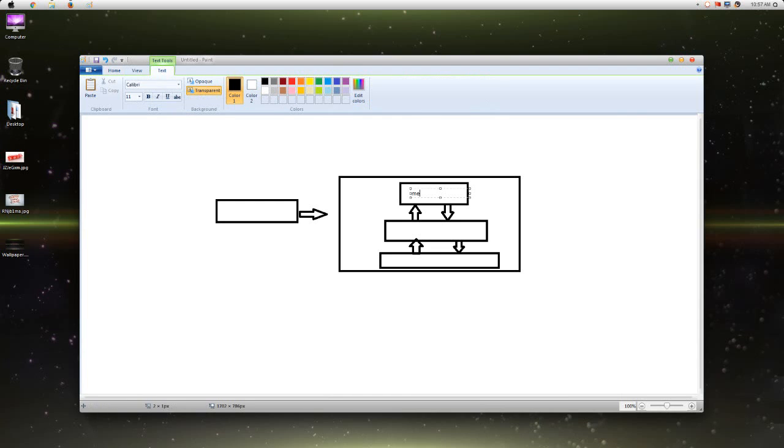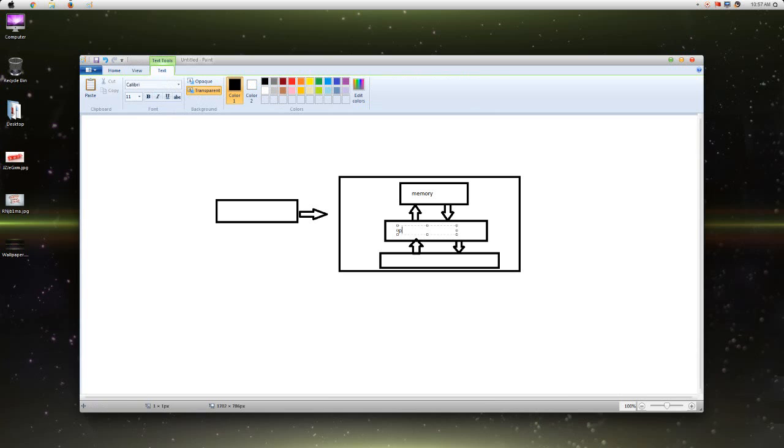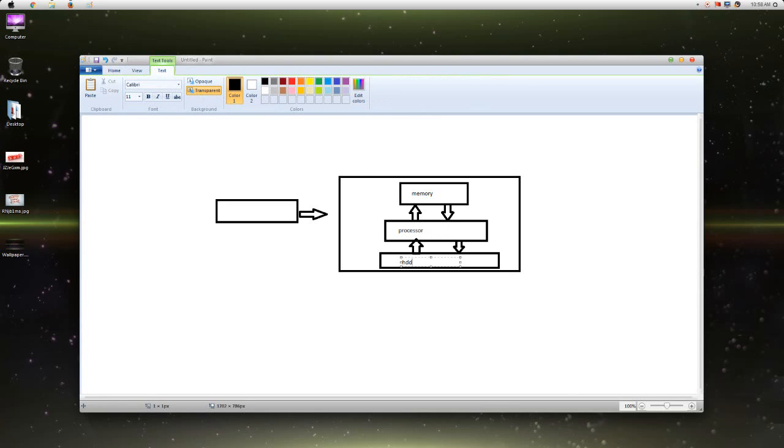This is memory, this is processor, this is HDD, and this is our input.